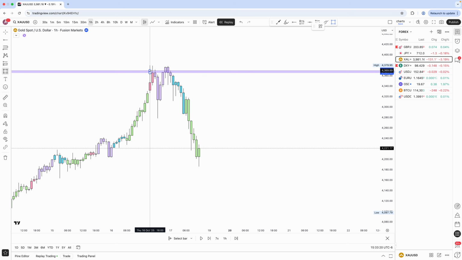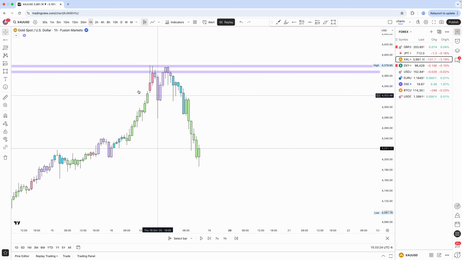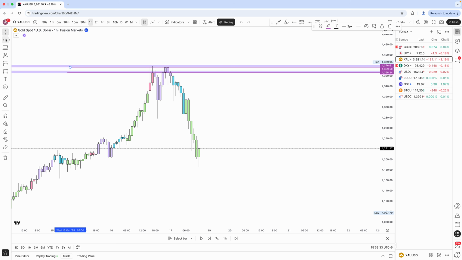I had a zone drawn here and here, and I attached two prices, because the market's all about numbers, which the majority of people don't teach because they don't actually know.